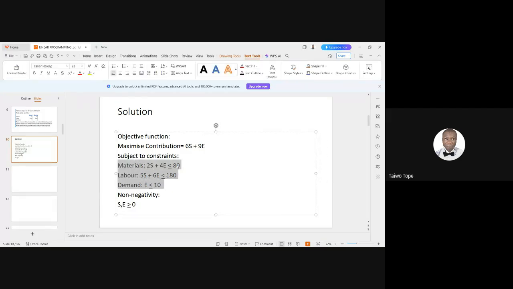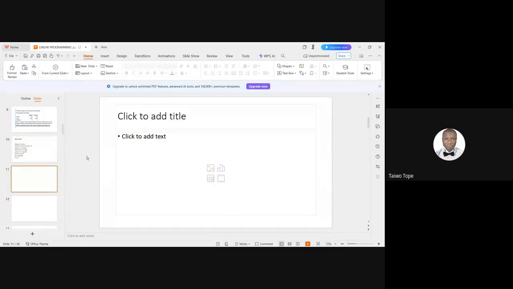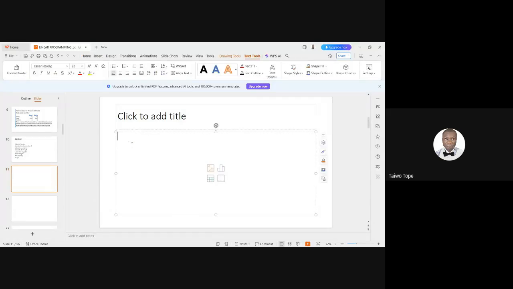These are the inequalities. So when you convert this inequality into equation, what would that be? Material will be 2s plus 4e equal to 80.